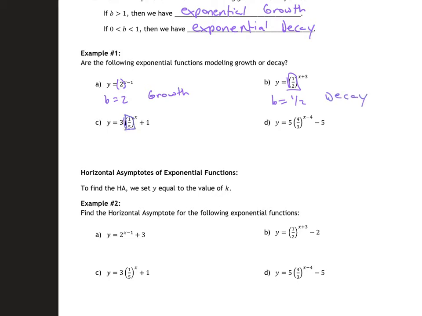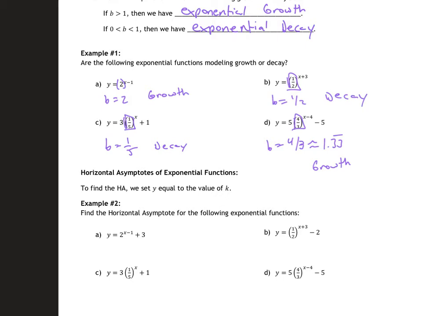Here b is 1/5, so decay again. Here I have 4/3. 4/3 is bigger than 1, it's 1.33, so that is growth. All you're looking at is that number that is getting raised to the exponent. So growth and decay, know the difference in that.